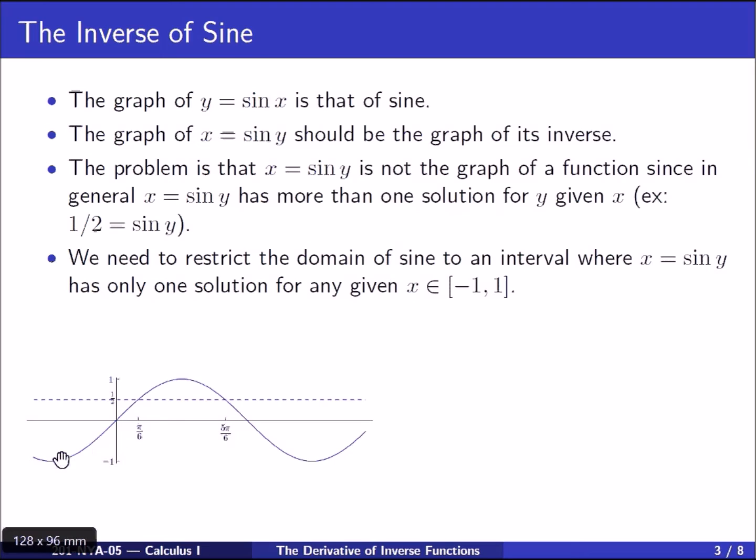So we need to choose a portion of the curve that covers any value between -1 and 1 on this y-axis, and where any horizontal line will intersect it in only one place. Try to think which part of the curve would work out.